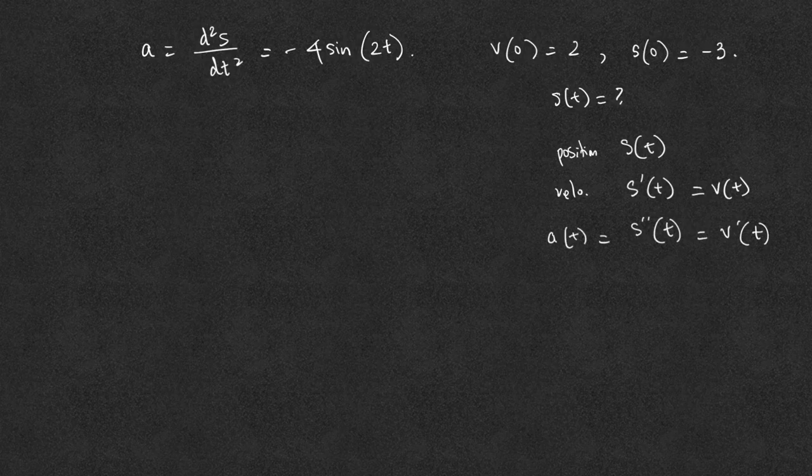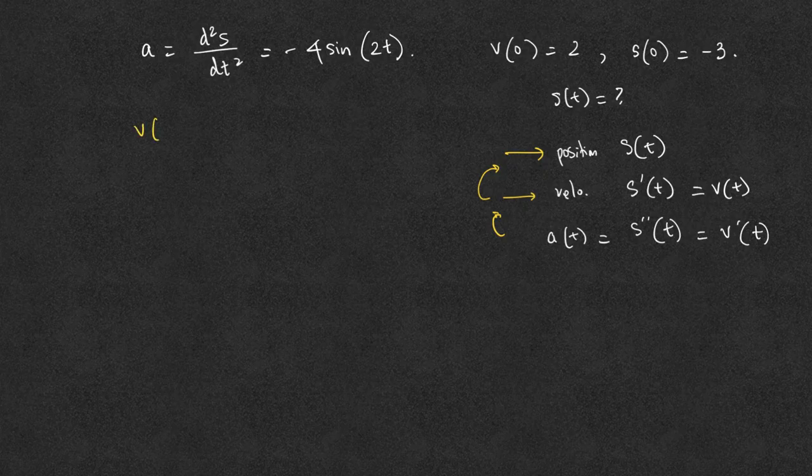And so given the acceleration, to get back to the position, we need to get the velocity first, one step at a time, as we're going backward. The derivative of the position function is the velocity, and the derivative of the velocity is the acceleration. To get the position, we first need to find the velocity.